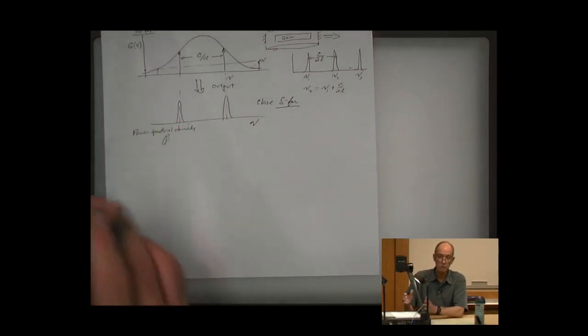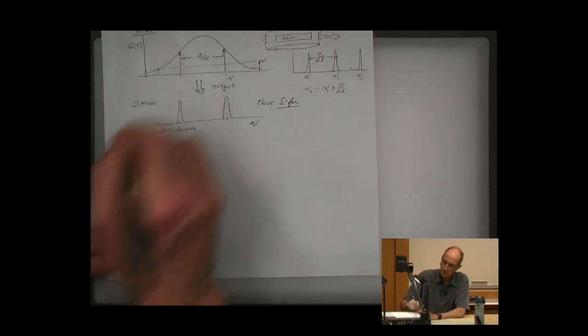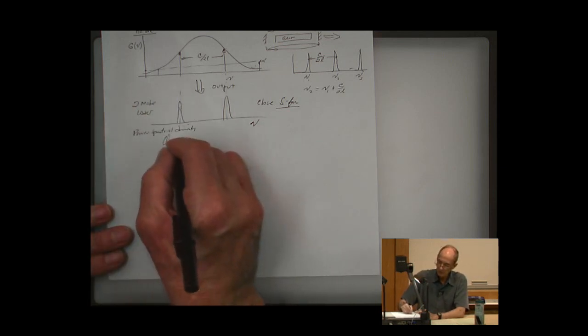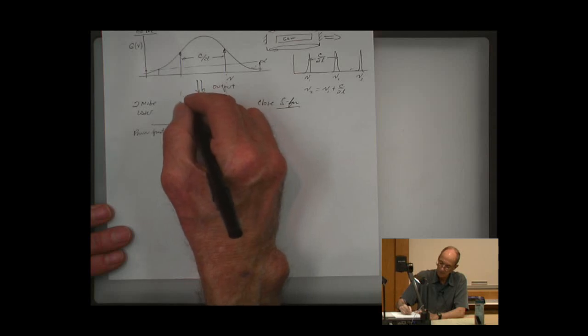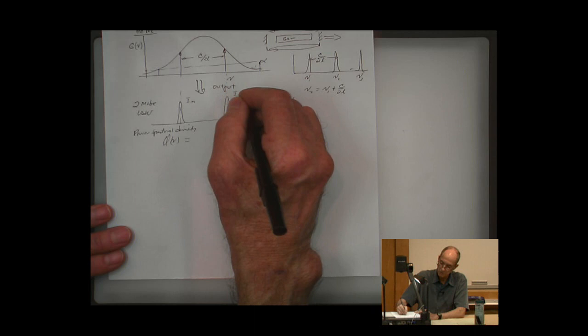for this two-mode laser, so this is a two oscillating mode laser that we have, Phi of nu is equal to, we'll call these I sub n and I sub n plus 1.